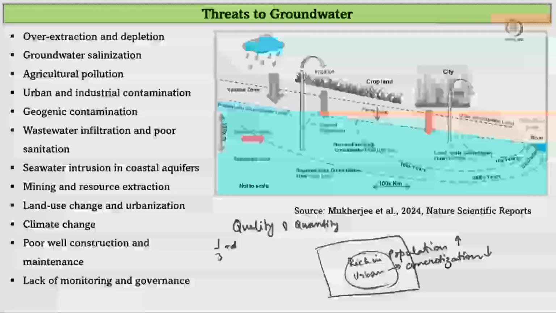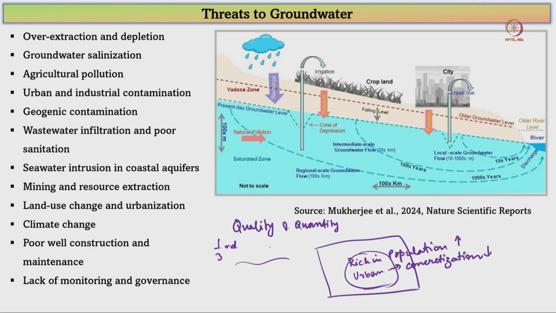Sometimes it so happens that you have a shallow aquifer and a deeper aquifer, and a person digging a well mixes both the shallow and the deeper aquifers. So any day the shallow aquifer gets contaminated, it will contaminate the deep aquifer as well.